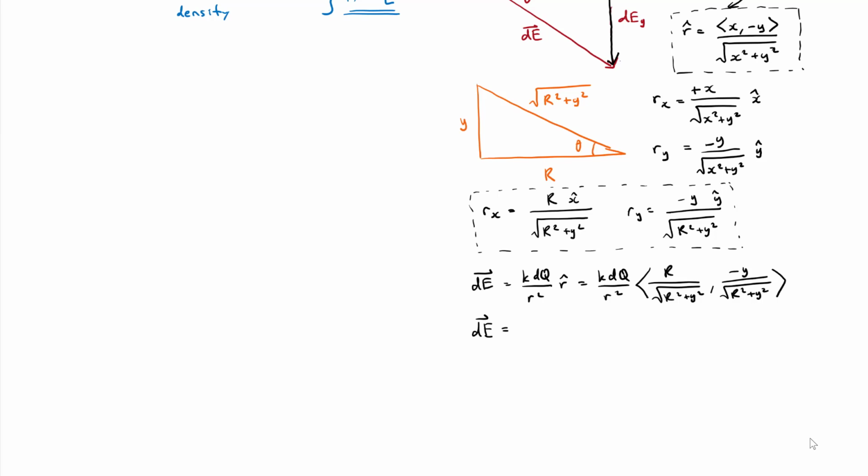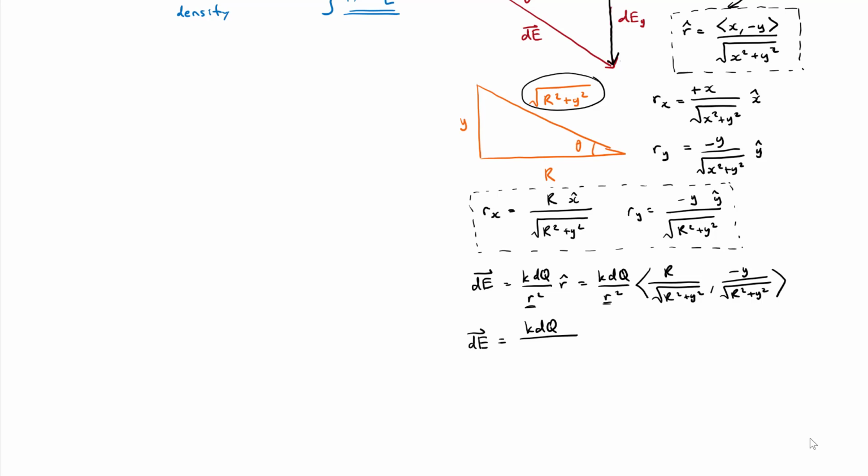dE is equal to, just keep in mind, this r is equal to this. So let's rewrite this entirely. We now have dE is equal to k dq over the square root of r squared plus y squared, squared, which is going to be equal to r squared plus y squared, but also you have this square root of r squared plus y squared that you can take out.